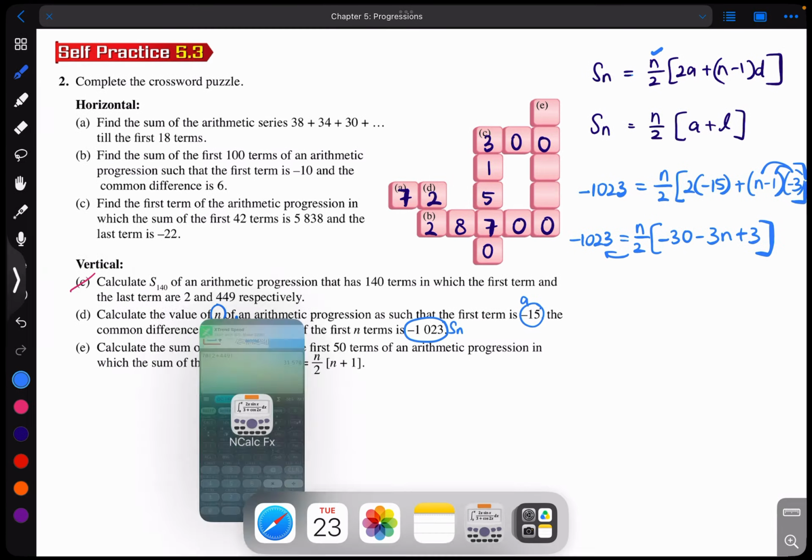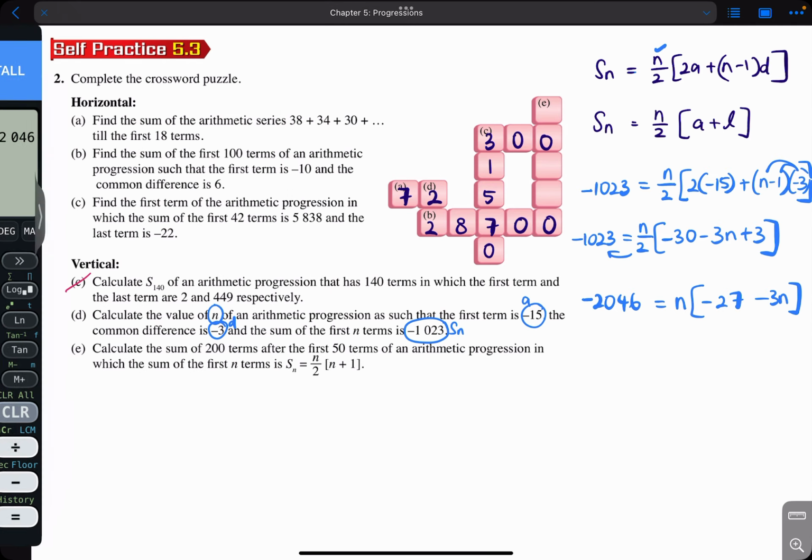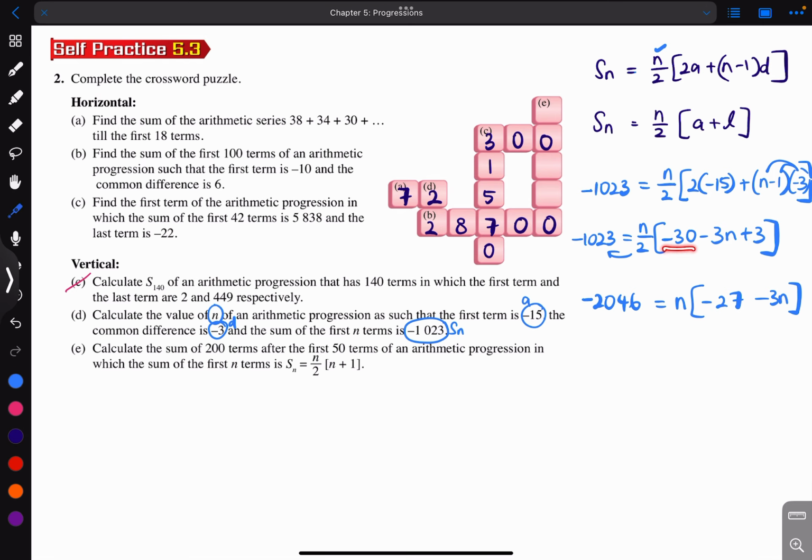So negative 1023 times 2 equals n times (negative 27 minus 3n). So negative 30 I added with the 3 to get this. Then we can expand.